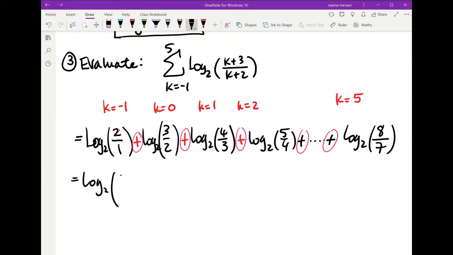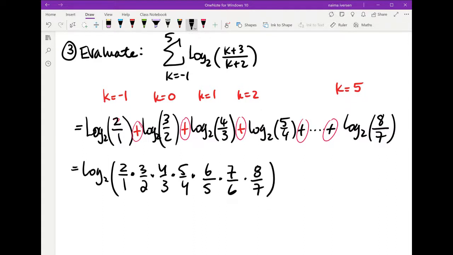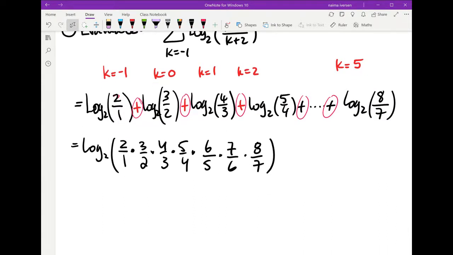Log base 2 of 2 over 1 times 3 over 2 times 4 over 3 times 5 over 4 times, and you can keep going if you really want to see it. I can write them all out, that's okay. What's that going to be? 8 over 7. That's going to be all of them if I did them all. Don't actually try to multiply these things out. I don't really want to see 8 factorial over 7 factorial.